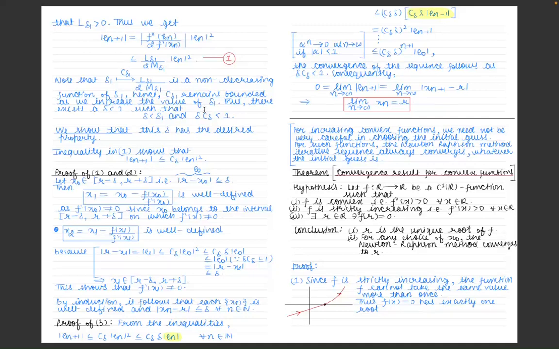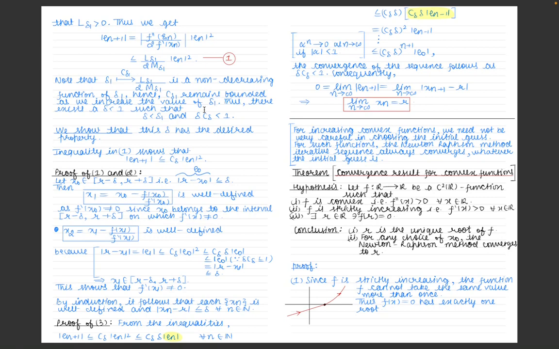So ultimately it is C delta delta square mod En minus 2. Now if you keep on doing this inductively, you will get that this is less than or equal to C delta delta power n plus 1 times E naught.